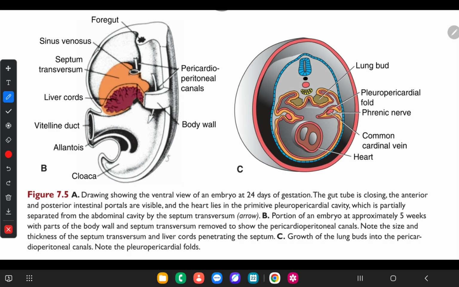Then you can see the pleuropericardial fold. This fold grows like this in this direction.